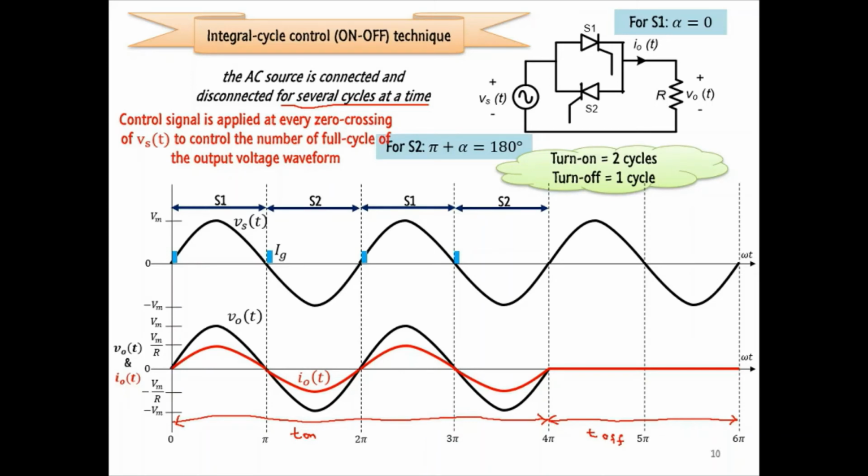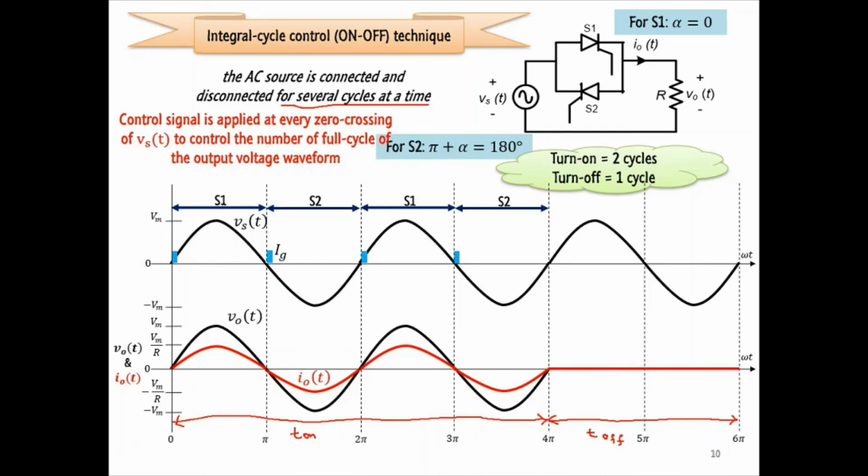From the graph, the turn-on time is measured from 0 to 4 pi and the turn-off time is measured from 4 pi to 6 pi.